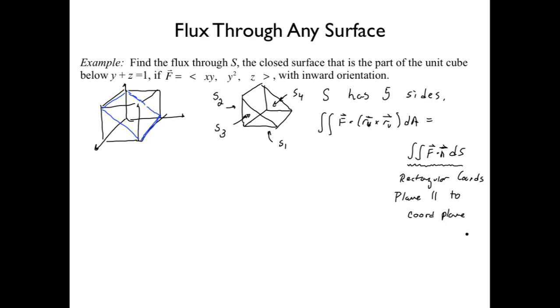Because then you can just call N a vector like 1, 0, 0, or 0, 1, 0, or 0, 0, negative 1, something really easy, and that makes your surface integral a lot faster. And then also, because it's rectangular coordinates and you're parallel to the coordinate plane, dS does equal dA. This is the one case where dS does equal dA.